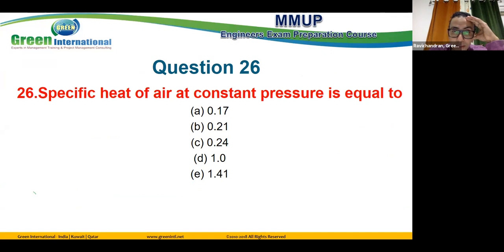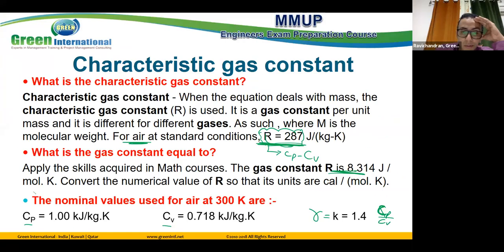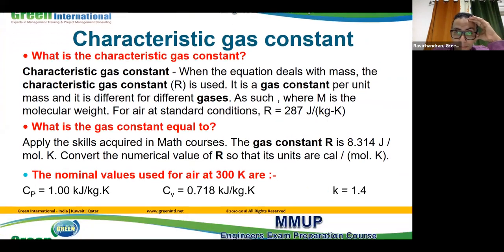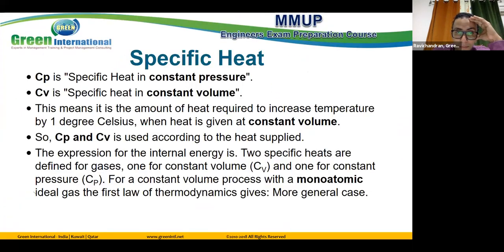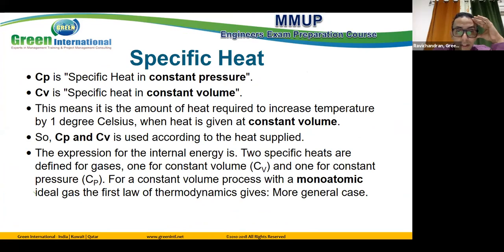CP for air, 1.0. All these values are for air. Just I remind you, this value, this value, this value, this value, all for air. Specific heat here, CP is specific heat at constant pressure, CV is specific heat at constant volume.